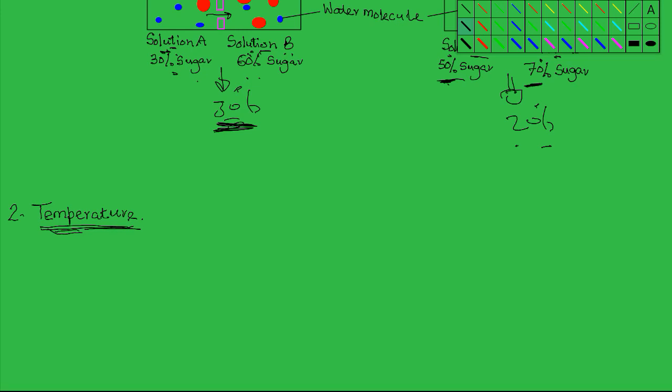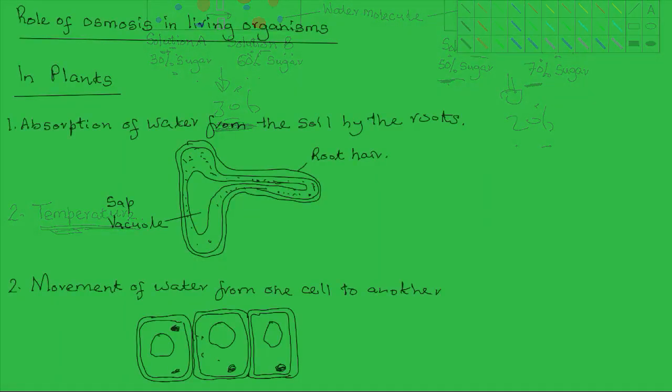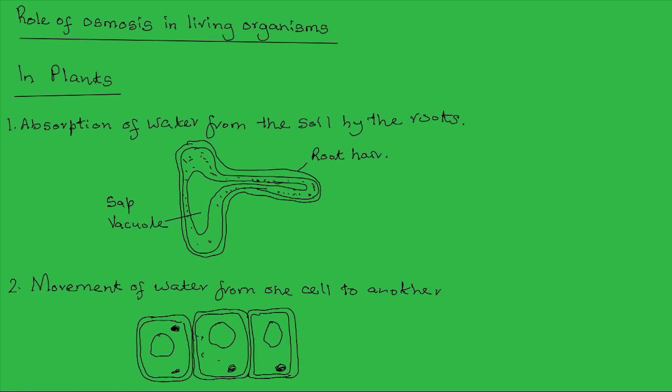One role of osmosis in plants is the absorption of water from the soil by roots. The only point of entry of water into the plant body is through the roots in most plants, and this comes about mainly through the root hair cells. The root hair cells have a projection known as the root hair that provides a large surface area over which osmosis takes place.